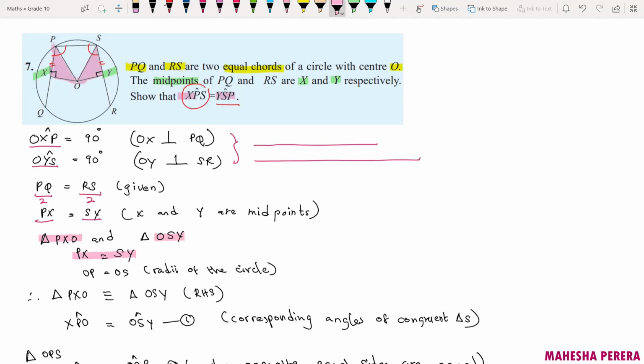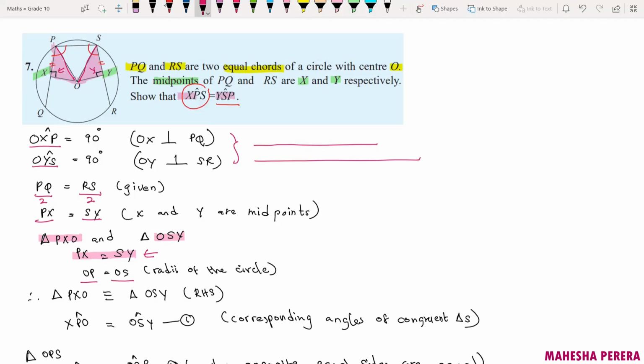Then what about these two sides of these triangles? These are radii of the same circle, so OP equals OS because they are radii of the circle. So I have an equal pair of sides, and here also I have another equal pair of sides. Moreover, we know that these two angles are 90 degrees each.